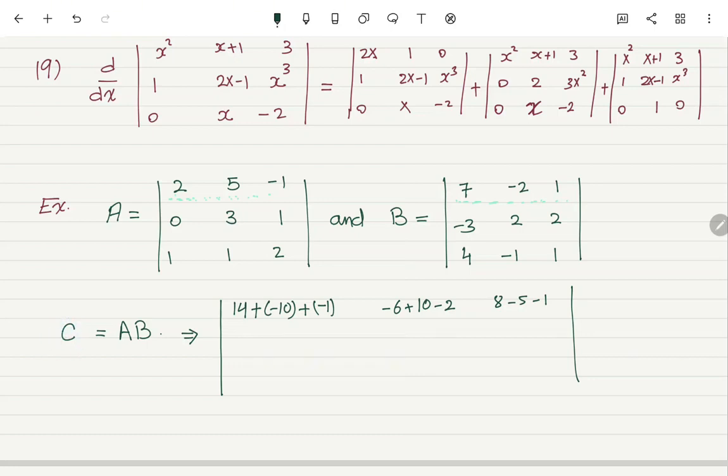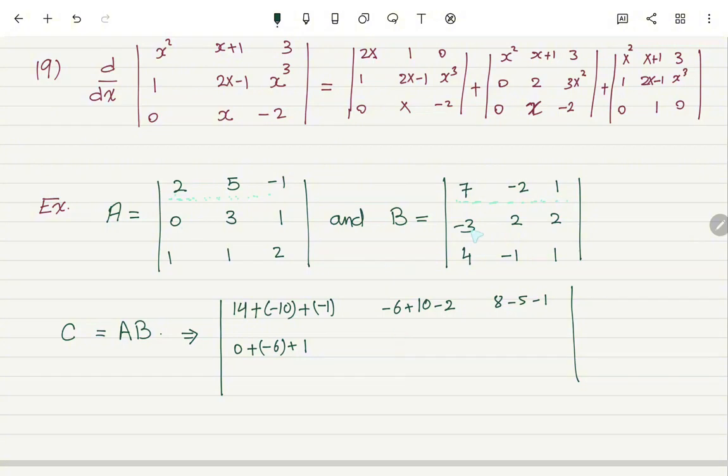Now to find the second row of determinant C, we will follow the same procedure. Second row here multiplied by the first row here. 0 times 7, it's 0, plus 3 times minus 2, minus 6, and 1 times 1, it's 1. This is the first element.